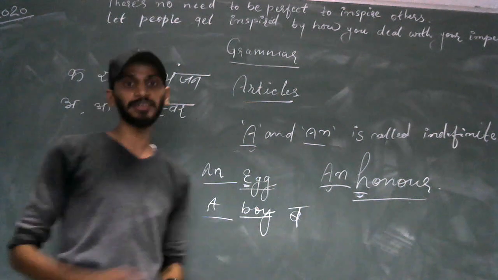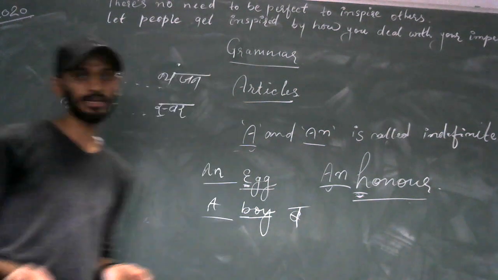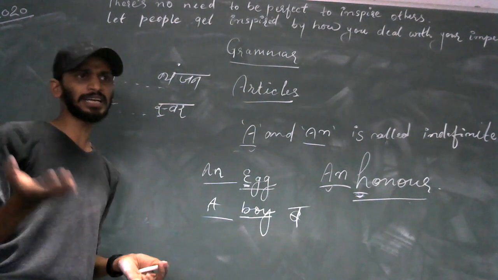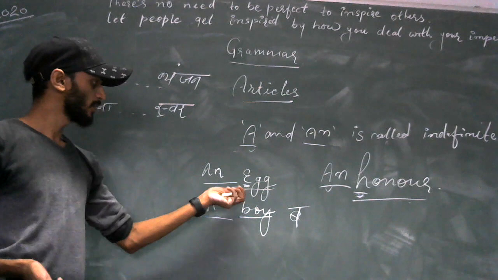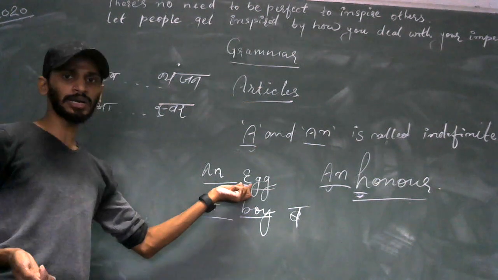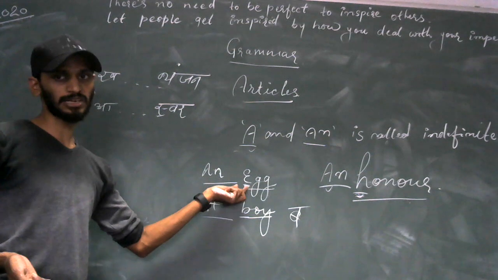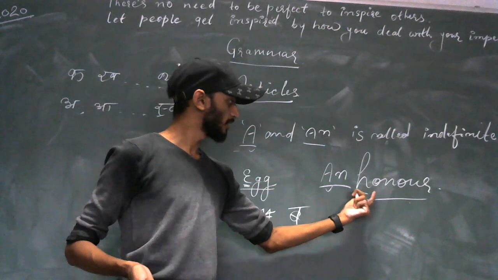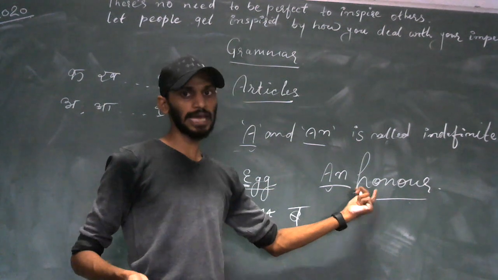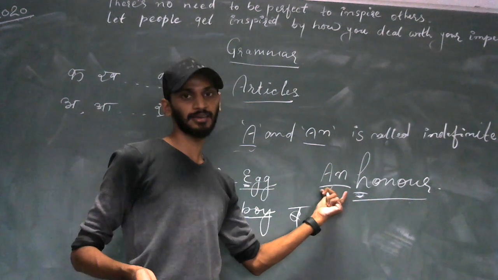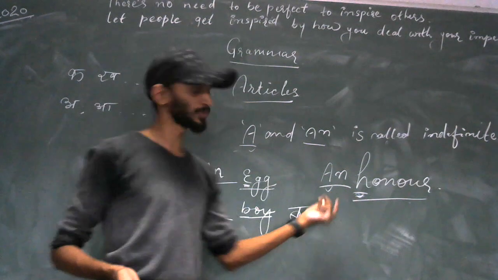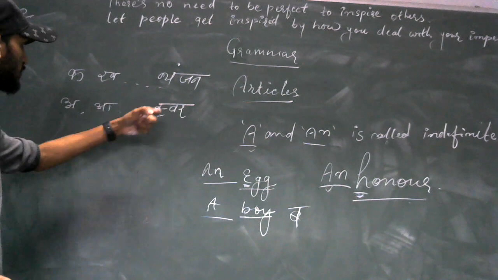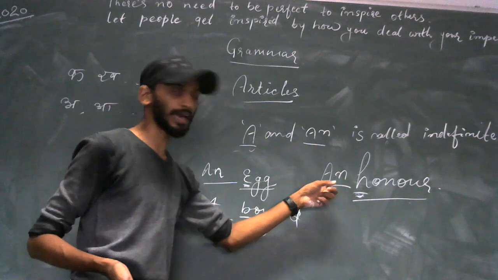I told you before that we use the indefinite article N whenever the word starts with a vowel sound, that is, a vowel letter. But here I wrote a consonant also, and here also I wrote N. Now it will be very clear to you, because I told you that whenever the sound is produced with Swar, we always write N.